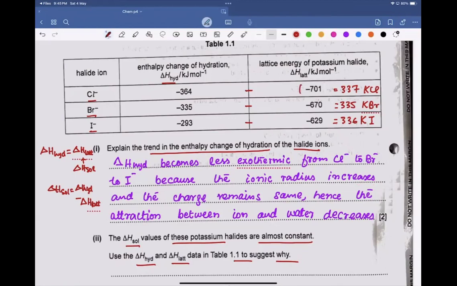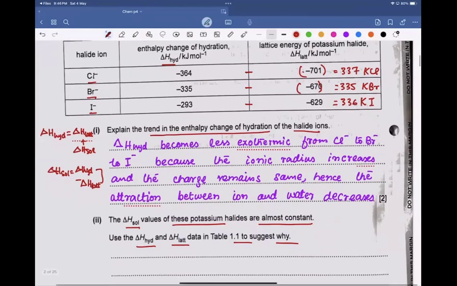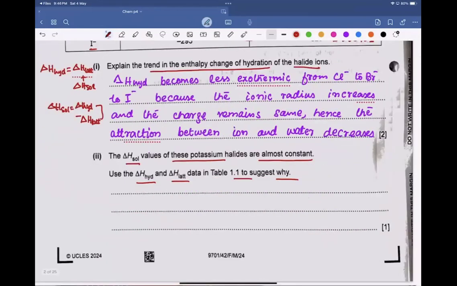See, it's a minus and this is a minus over here. So minus and minus makes it positive. So minus 364 plus 701, minus 335 plus 670. Did you understand, Sohaib? So see that the enthalpy change of solution is basically the difference between the hydration and the lattice energy, and that is the same. And that's why we are getting almost constant. Yes, Sohaib, did you understand or not?